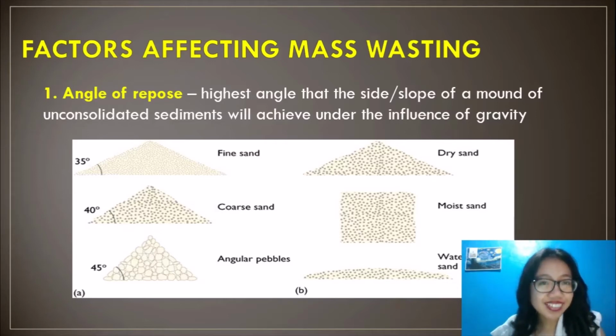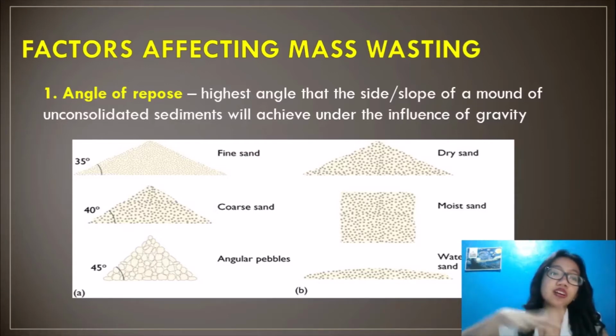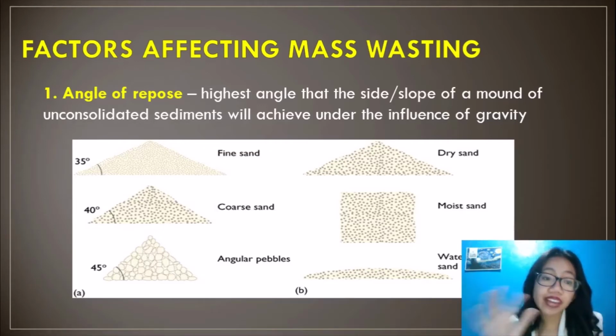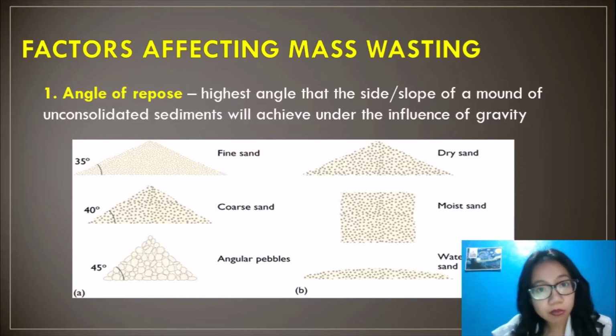Scientists do study this: what is the highest angle of the materials once they are clumped or arranged into a mound. Fine sand will have 35 degrees, coarse sand 40 degrees, and angular pebbles 45. This shows you that if the unconsolidated materials have angles, it will create a steeper slope, and steeper slopes trigger fast mass wasting events.